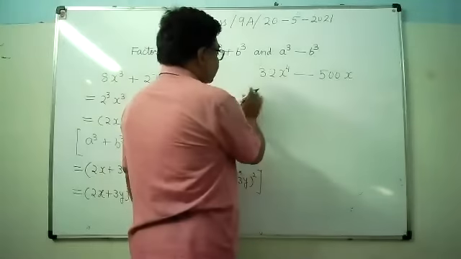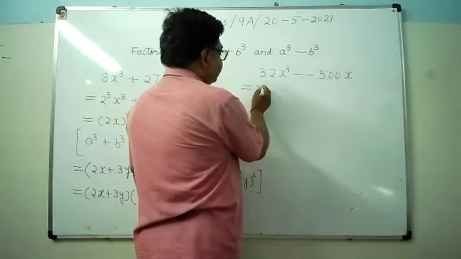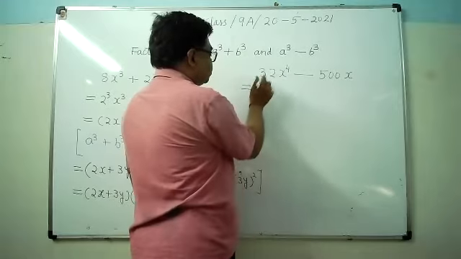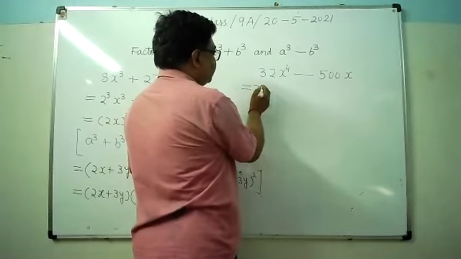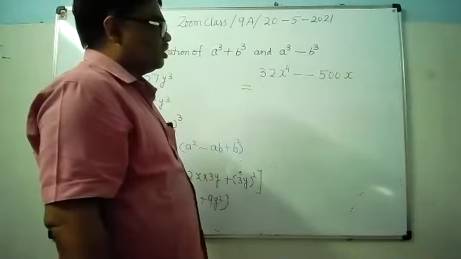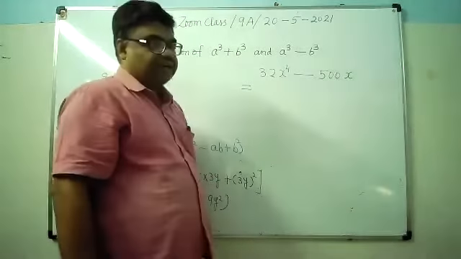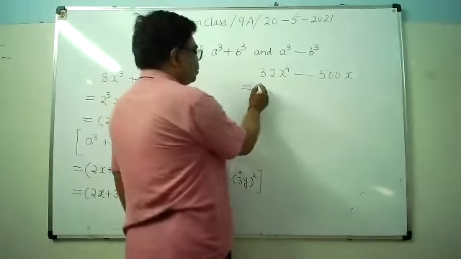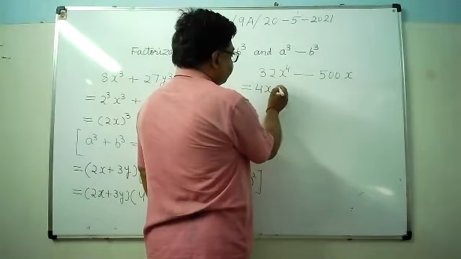You take out x common. And 2 is also common. 4 is common, in 32 and 500. So you take out 4x common.